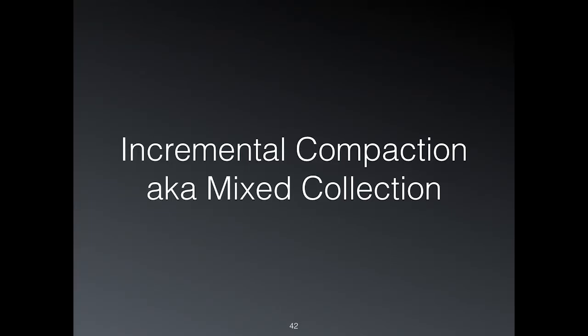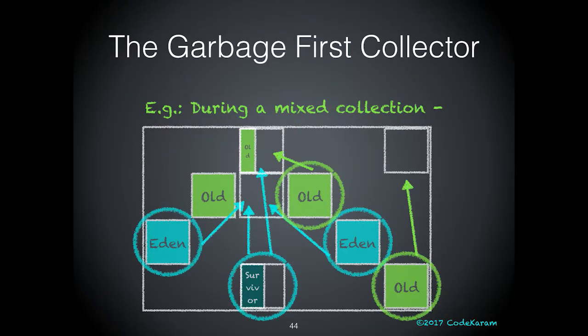Now coming to mixed collection, again, yes? Well, it's just treated as an object. So you can do those things because you know where you're allocating those humongous objects. So you have an idea where they are.